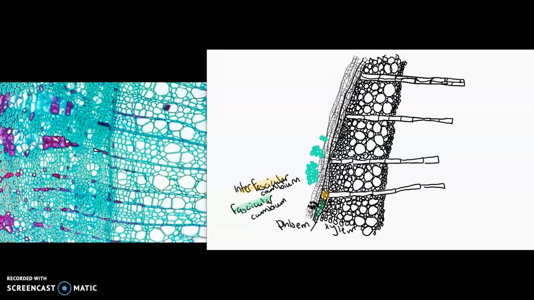But anything that you see on the phloem side is going to be a phloem fiber, and then anything you would see on the xylem side will be a xylem fiber. But it's all sclerenchyma tissue, which is that special type of ground tissue with that very thick secondary cell wall.